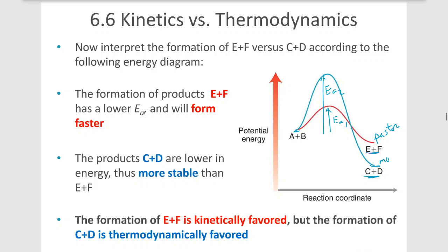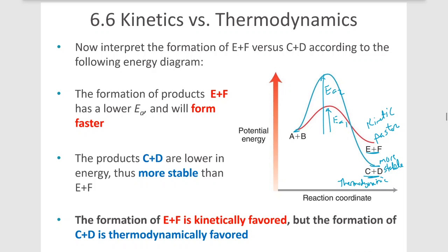So C and D are more stable. What does that mean? It means that E and F is the kinetic product because it's going to form faster, but C and D is the thermodynamic product because they're more stable. So E and F is kinetically favored, but the formation of C and D is thermodynamically favored.